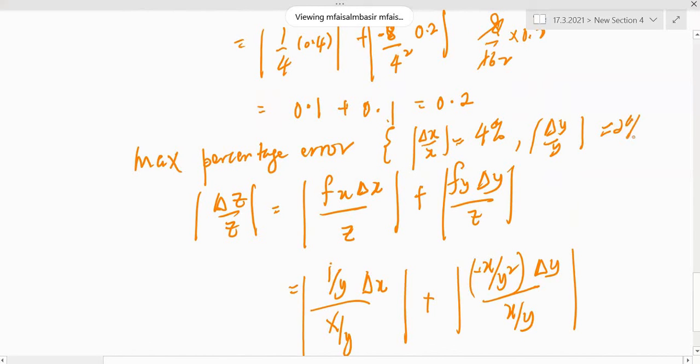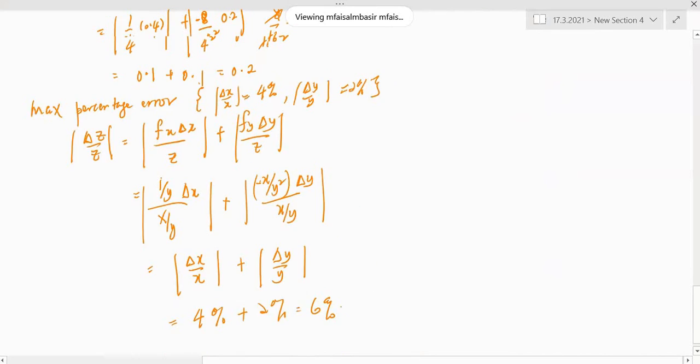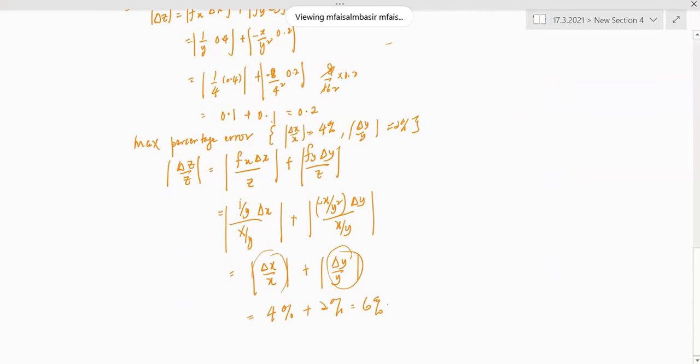Say, let's say. So you have 4% plus 2%, which is 6%. So this is the symbol for maximum. Maximum percentage error.